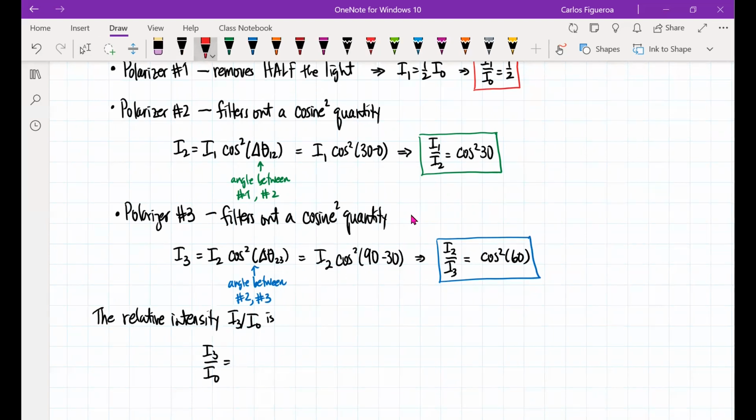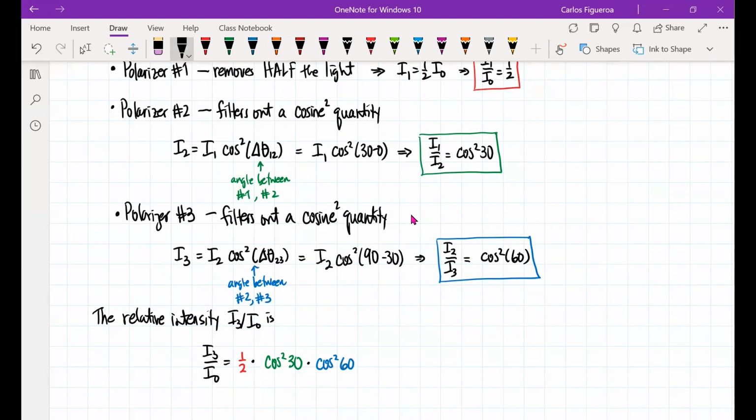Then I get a second term, which is the second filter, which gives me a cosine squared of 30. And then finally, I go through the third filter, and that one gives me a cosine squared of 60.